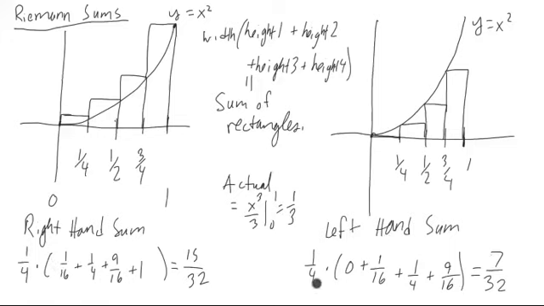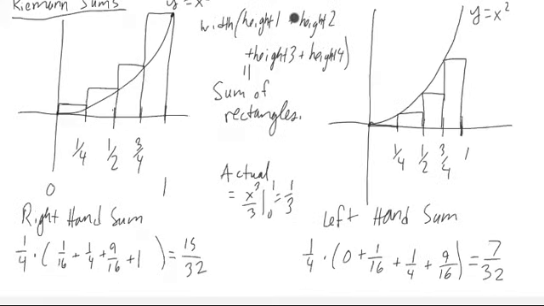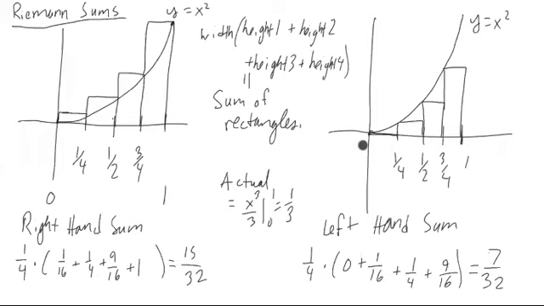Do a similar thing for a left-hand sum, where I'm plugging in the left part each time: 0, then 1/4, 1/2, 3/4. Just these guys.